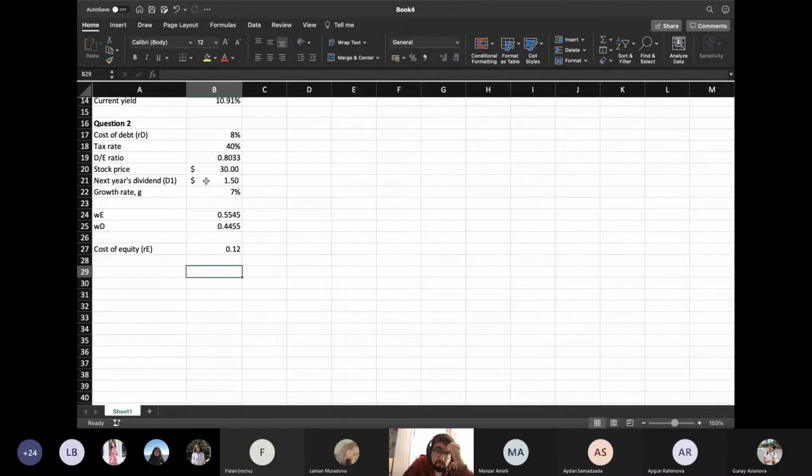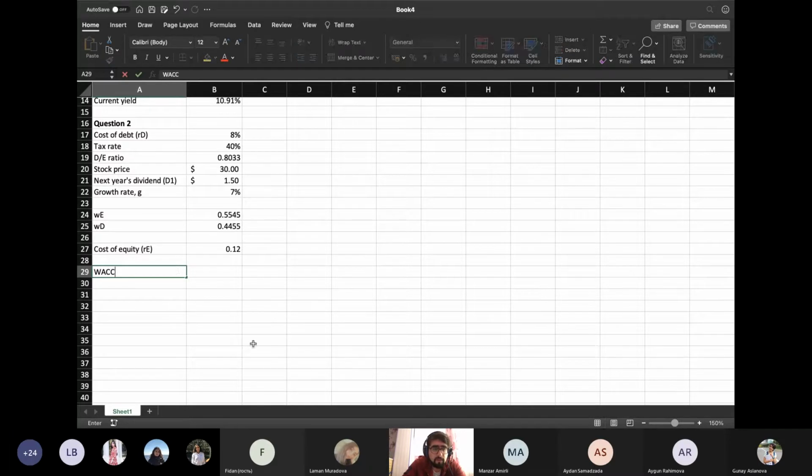So we have cost of equity, we have cost of debt, we have ratios, and we have the tax rate. So we can easily find the weighted average cost of capital.